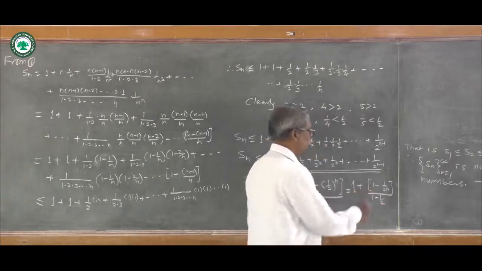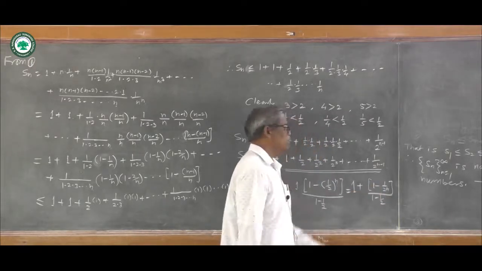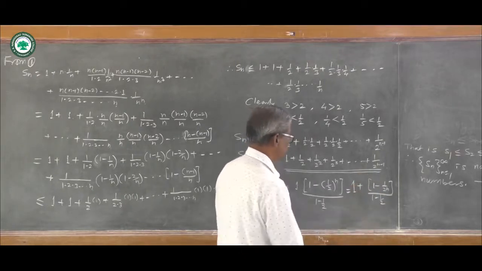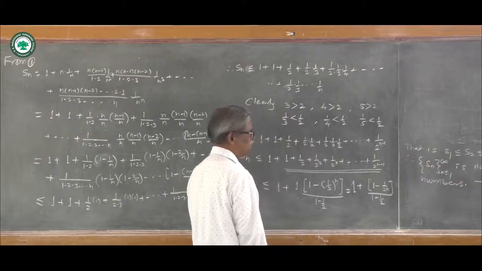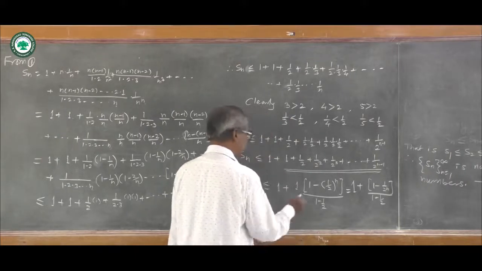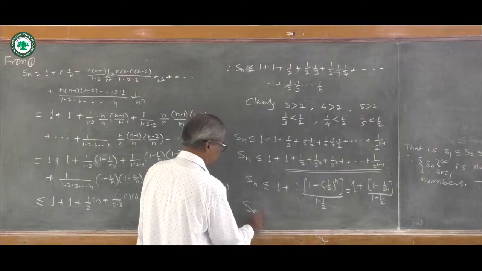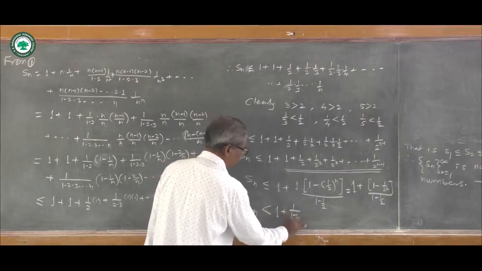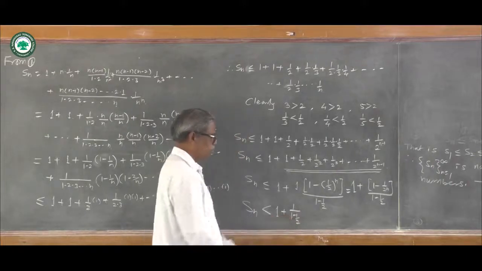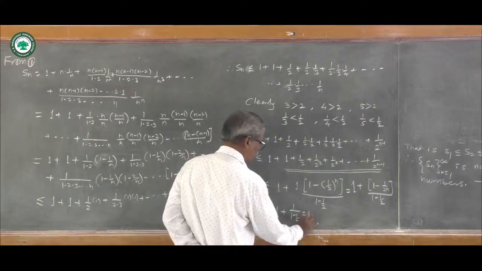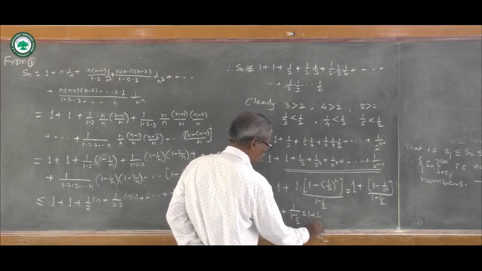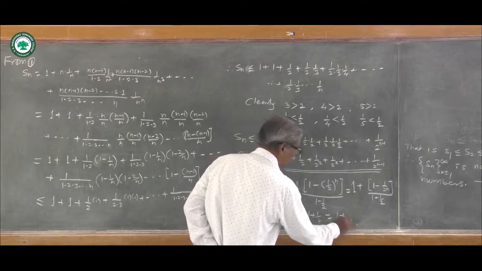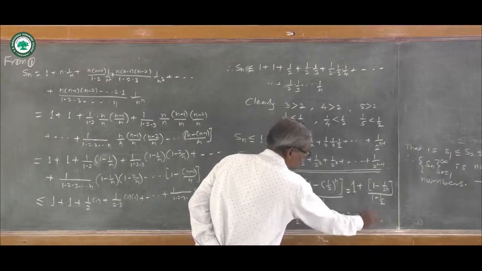Again, the numerator is 1 minus 1 upon 2 raised to n. As n tends to infinity, this term becomes 0. That is 1 minus something, therefore less than 1. We replace it by less than 1. Therefore, Sn is less than 1 plus 1 upon 1 minus half. 1 minus half is again half, so this is equal to 1 plus 1 upon 1 by 2, which is 1 plus 2, equal to 3.